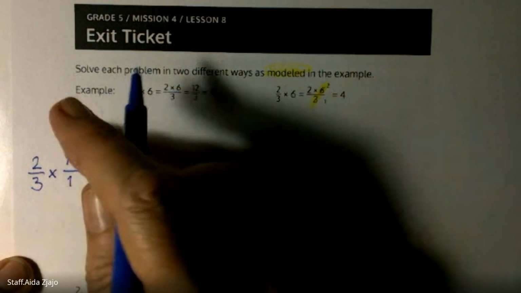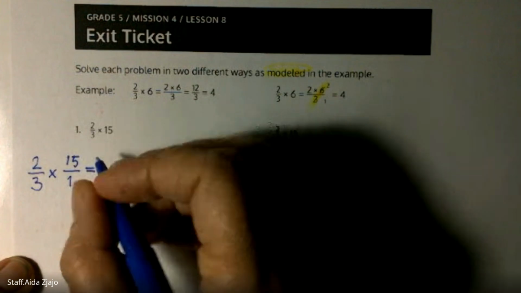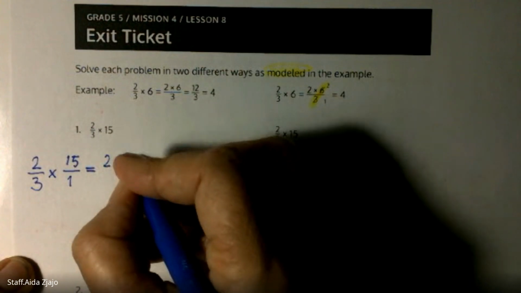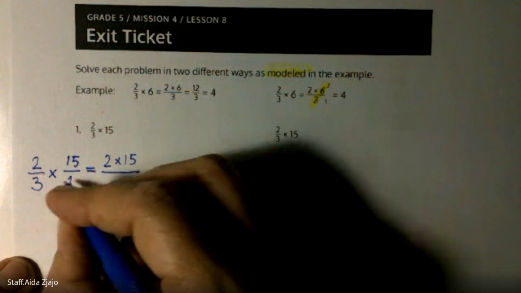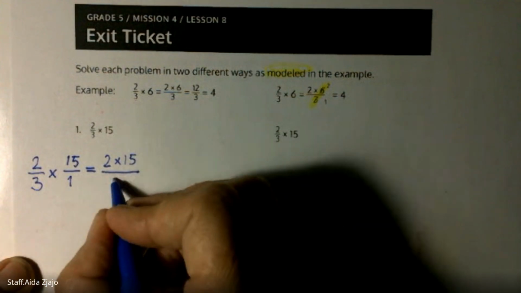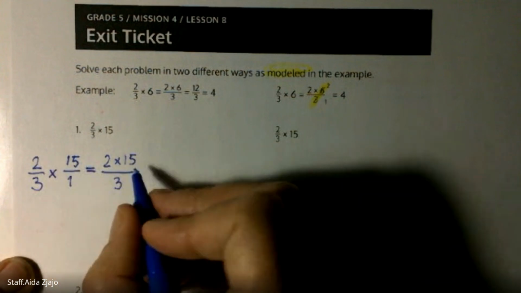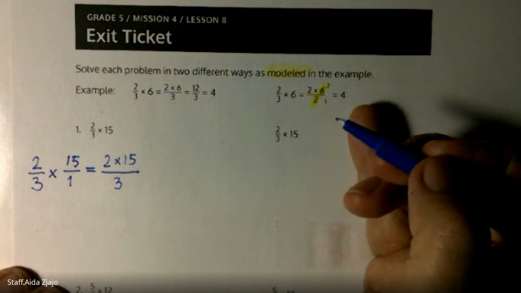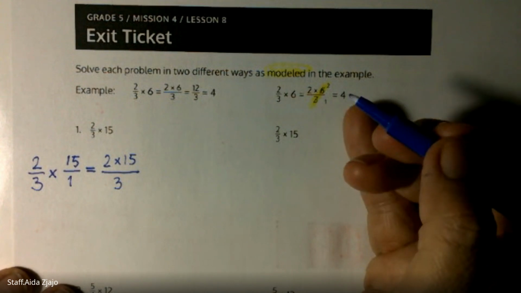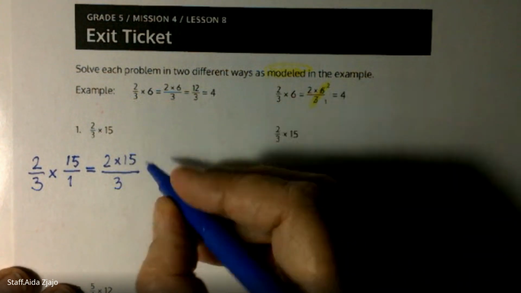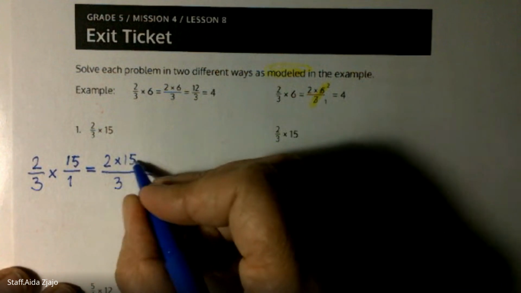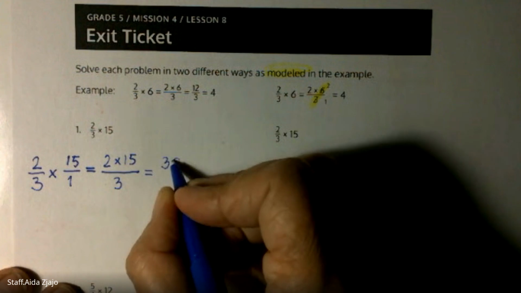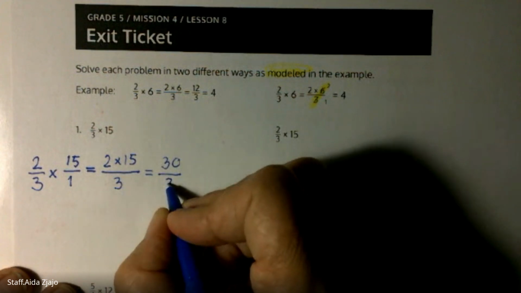So this makes sense: we're going to do 2 times 15 and divide by 3, because 3 times 1 is 3 and 2 times 15 is the numerator to multiply. Now 2 times 15, 2 15s, is 30, and divide by 3.